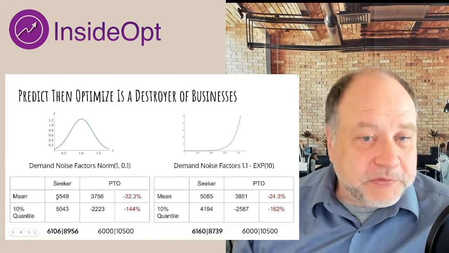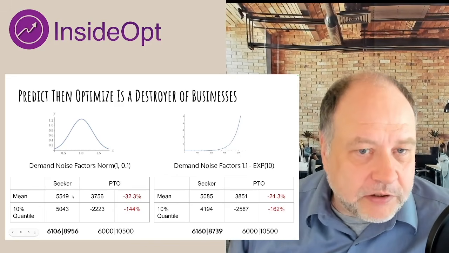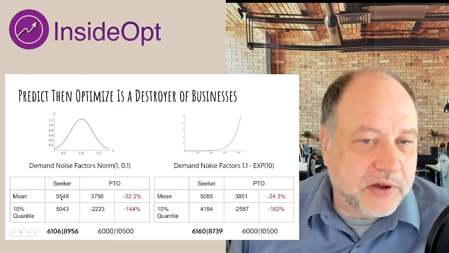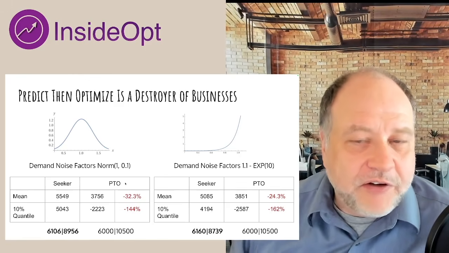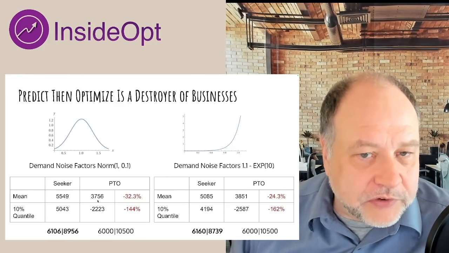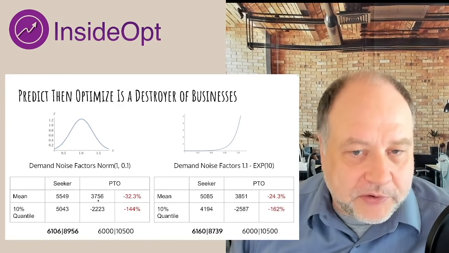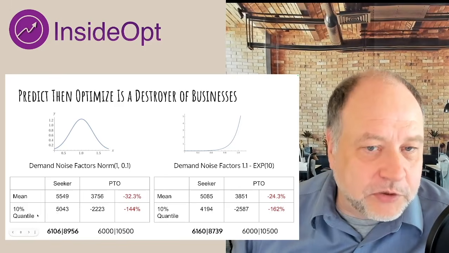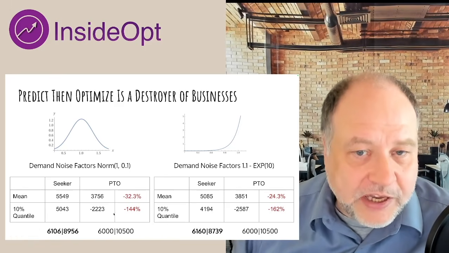Now, if we optimize this with Seeker, we would get an expected profit of roughly 5,550, whereas if we use the deterministic version, we would only get 3,756. And in the 10% quantile, this is much more pronounced.